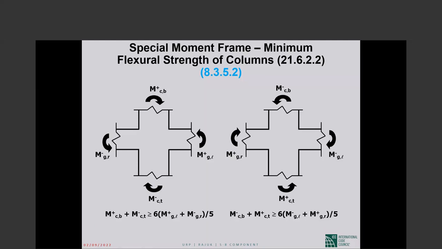The combined nominal moment strengths of the columns meeting at a joint shall be at least 120% of the combined flexural strengths of the beams meeting at the same joint. The columns have to be stronger. The idea is if there is hinging, as there will be in the design earthquake, we design for that. The hinging should be in the beams, not in the columns.